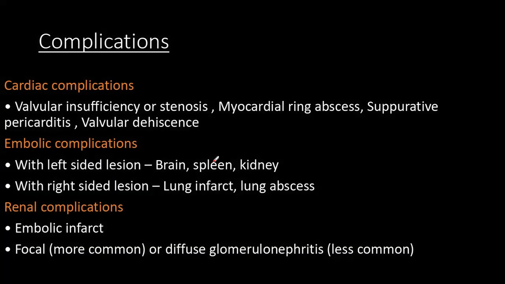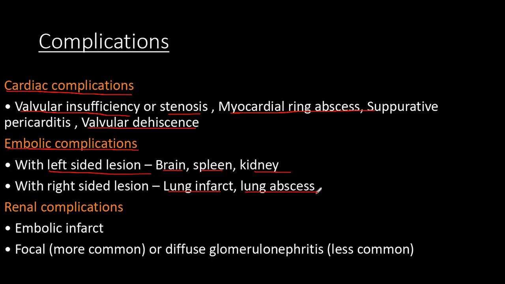Now, complications of this. Cardiac complications can include valvular insufficiency or stenosis, myocardial ring abscess, that is abscess due to extension of the destructive nature of the vegetation, suppurative pericarditis, valvular dehiscence. Then embolic complications in the left side might lead to septic infection of the brain, spleen, kidneys. In the right side will lead to a lung infarct or a lung abscess.